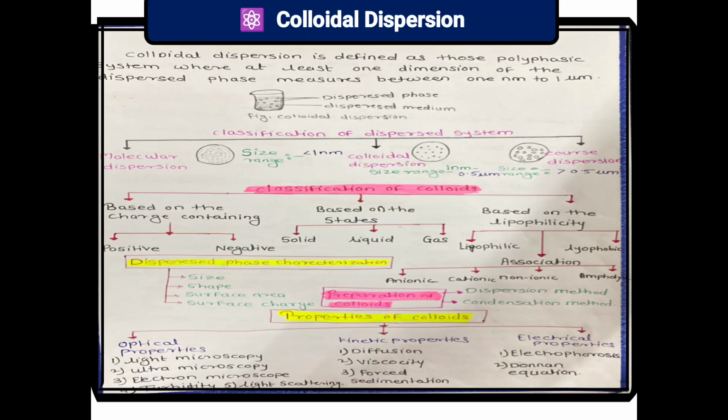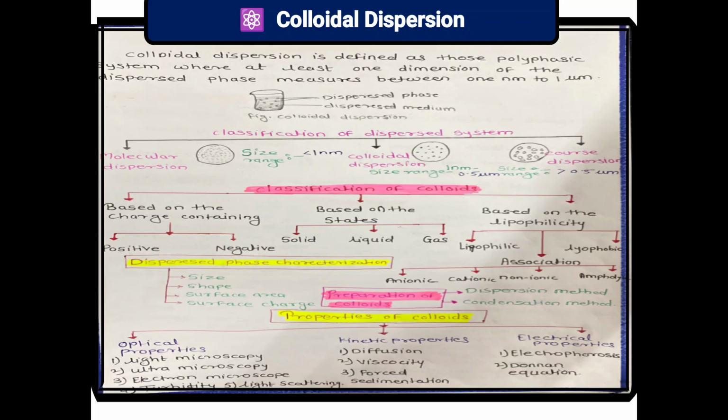Classification by size: molecular dispersion, size range less than 1 nanometer; colloidal dispersion, 1 nanometer to 0.5 micrometer; and coarse dispersion, greater than 0.5 micrometer. You can remember these sizes, as they are asked in competitive examinations.